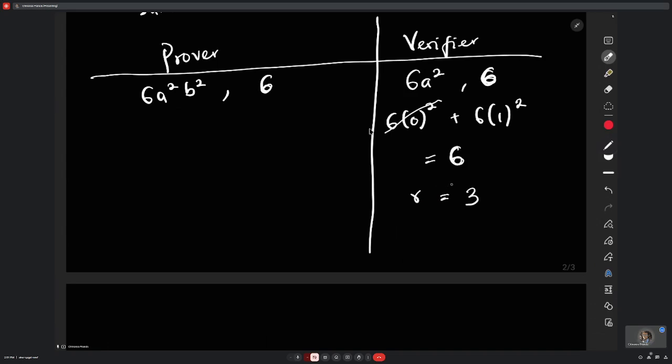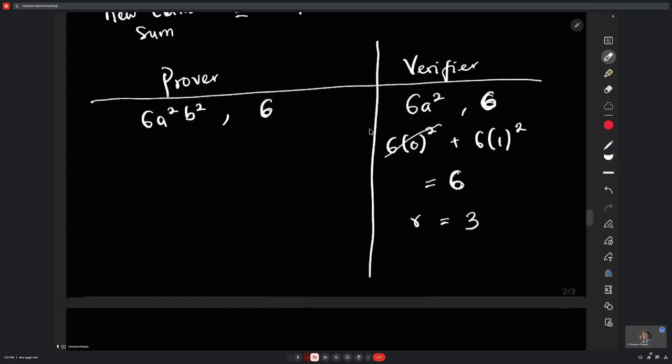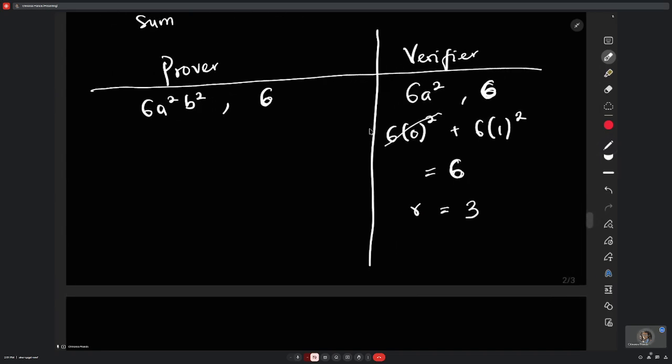What happened to the b square? No, this is the univariate polynomial; the b square is in the initial polynomial. So you're going to evaluate 6a square b square and sum it. You're going to skip one variable, which is a, and sum b over the Boolean hypercube.